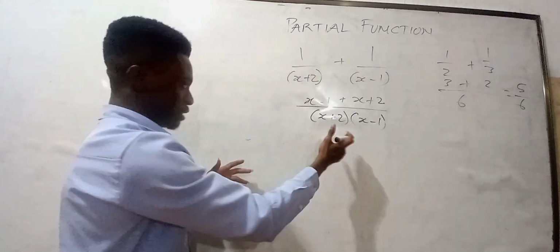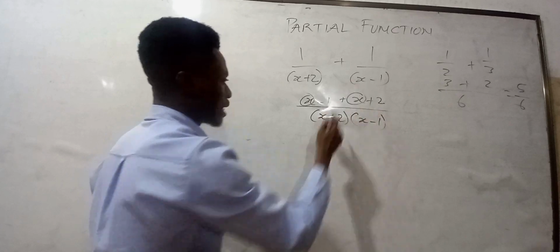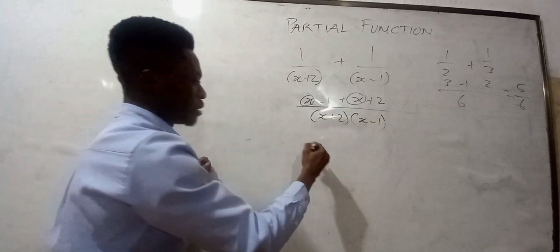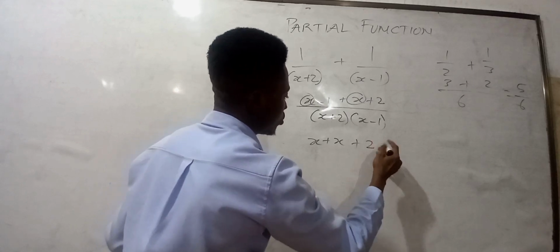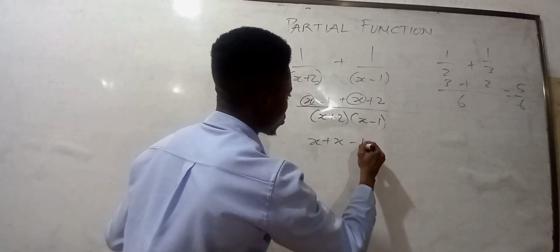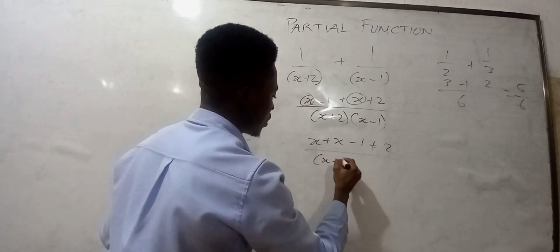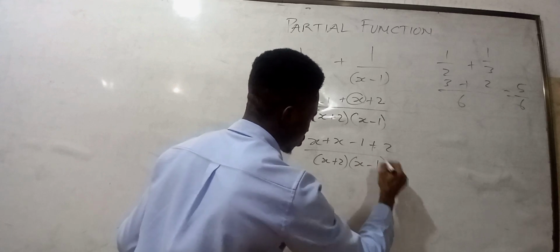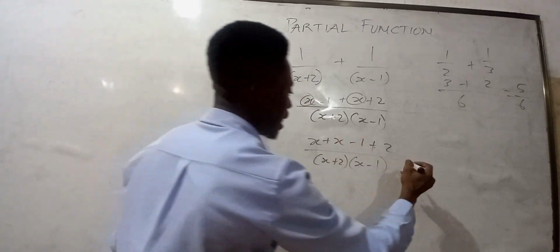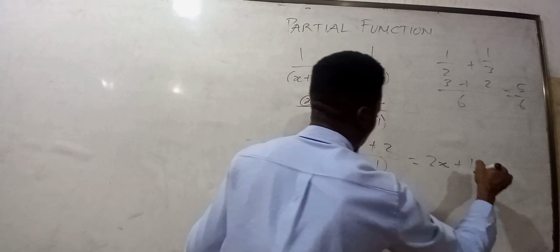Having this, now we can group like terms. Since x and x are like terms, we group them: x plus 2, or minus 1 plus 2, divided by x plus 2, x minus 1. When we add them, we get 2x plus 1.